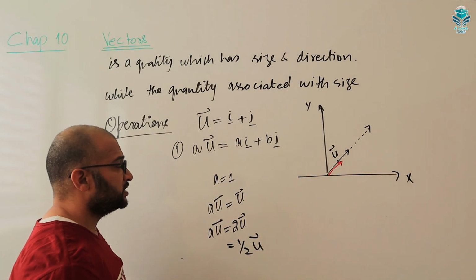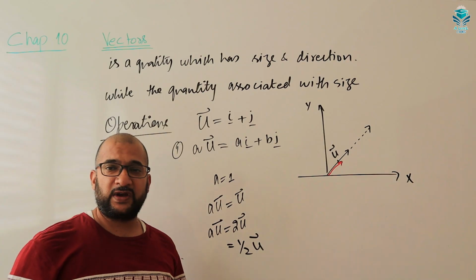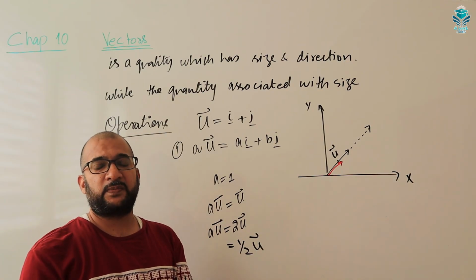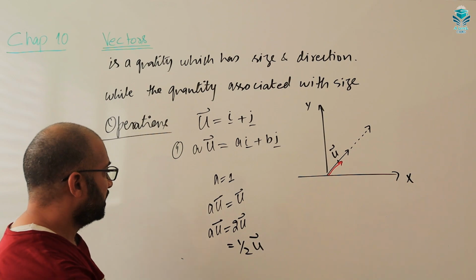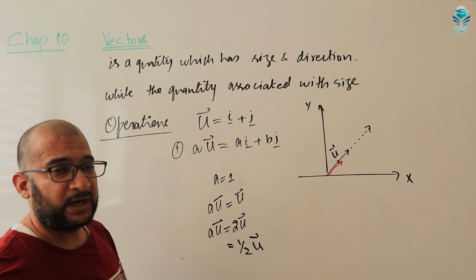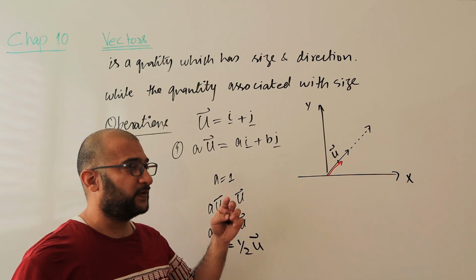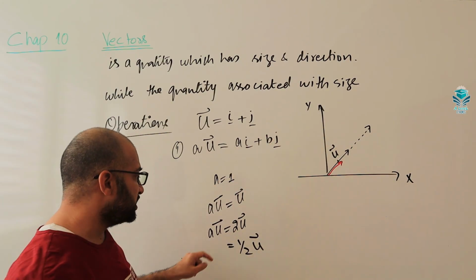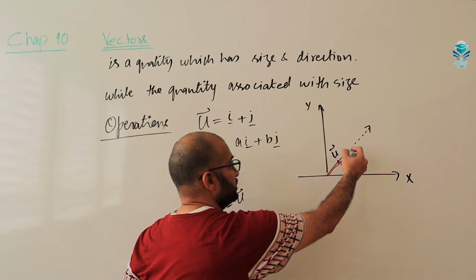So if a is greater than 1, it stretches the vector. If it is less than 1, it compresses the vector. If a is negative, it will change the direction. If it is moving in this direction and I multiply with -2, the direction will be changed.